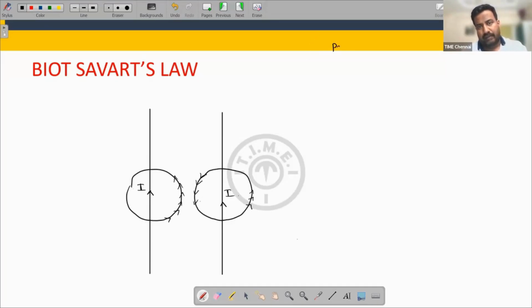So in a parallel wire, when the current is in the same direction, there will be a cancellation here in the field.